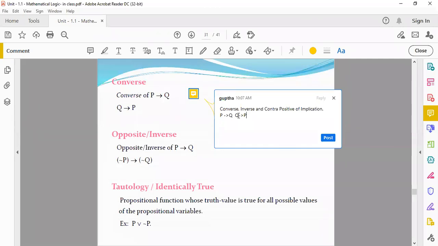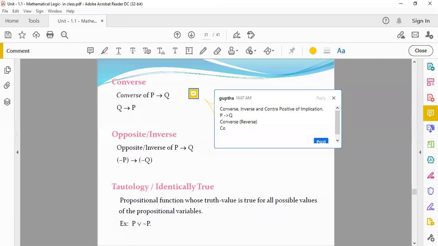First of all, converse. Simply we call it reverse, not inverse. Everyone observe. Reverse, converse.